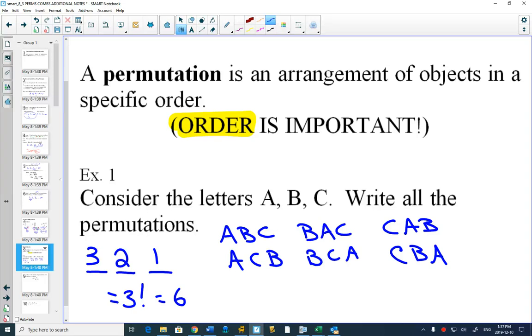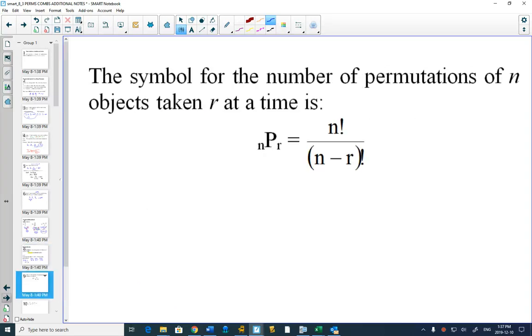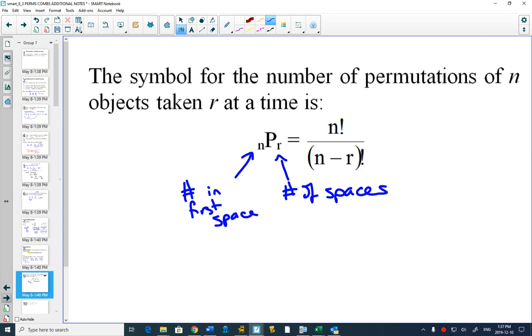So you've already learned the permutation formula. That's on your formula sheet. nPr. We've also noticed that this is related to our spaces question. The r is the number of spaces. And that n is the number you would put in the first space and go down each time.